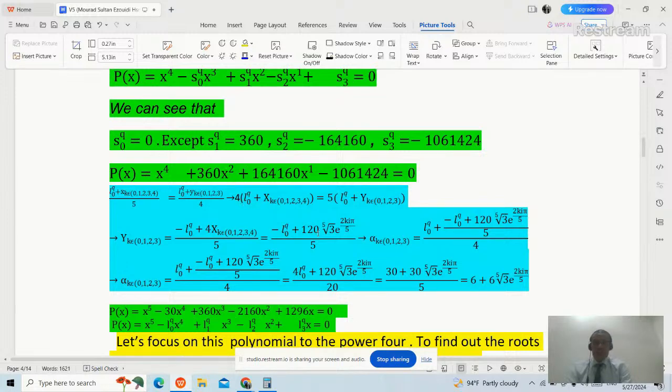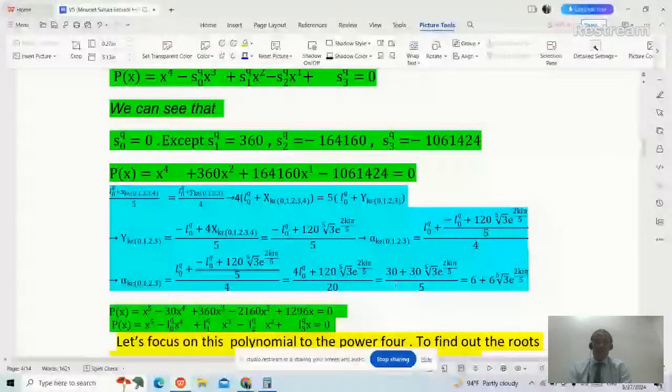And the roots of the original polynomial, which is x to the 4 minus 30x cubed plus 360x squared minus 2160x plus 1296, are L0 for the cube plus the roots of the polynomial that has been raised to the power 5, I mean xk, 0, 1, 2, 4, okay?